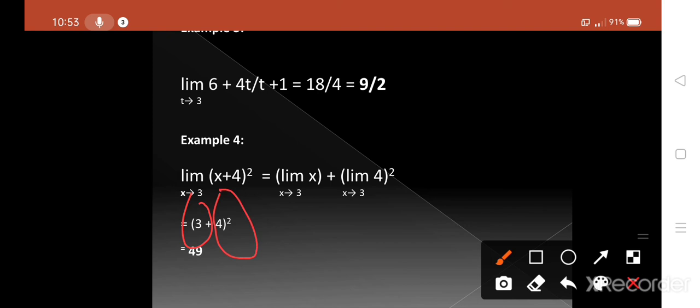So 3 plus 4 is 7, so 7 times 7 because it's squared, so 49. Our limit is 49.